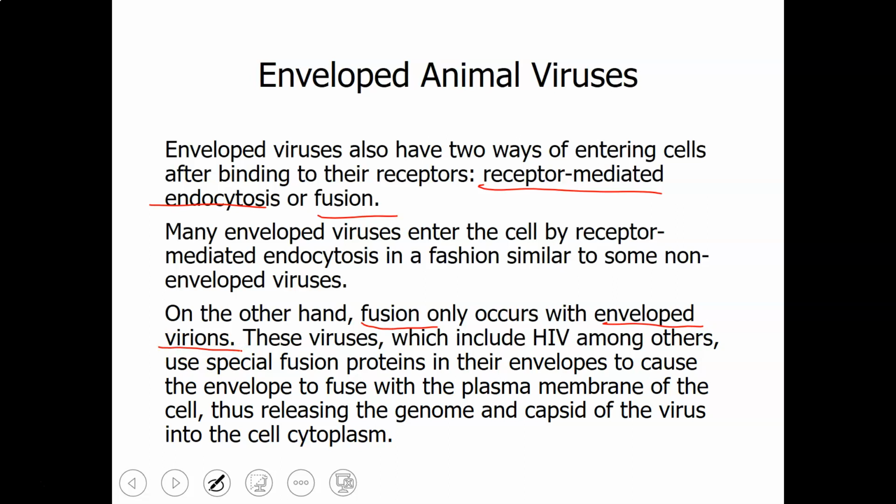These viruses, which include HIV, use special fusion proteins in their envelopes to cause the envelope to fuse with the plasma membrane of the cell. That releases the genome and the capsid of the virus into the cell. The envelope of the virus does not enter, but the genome and the capsid do enter into the cytoplasm of the cell.